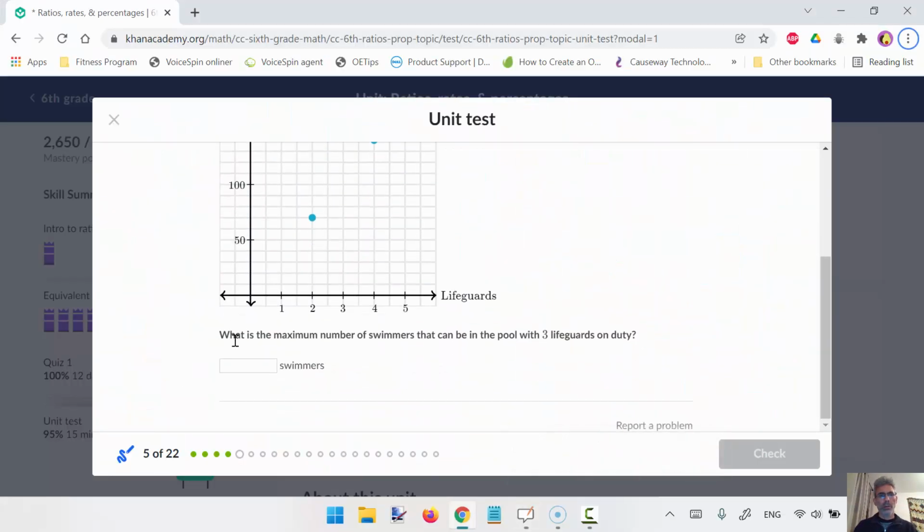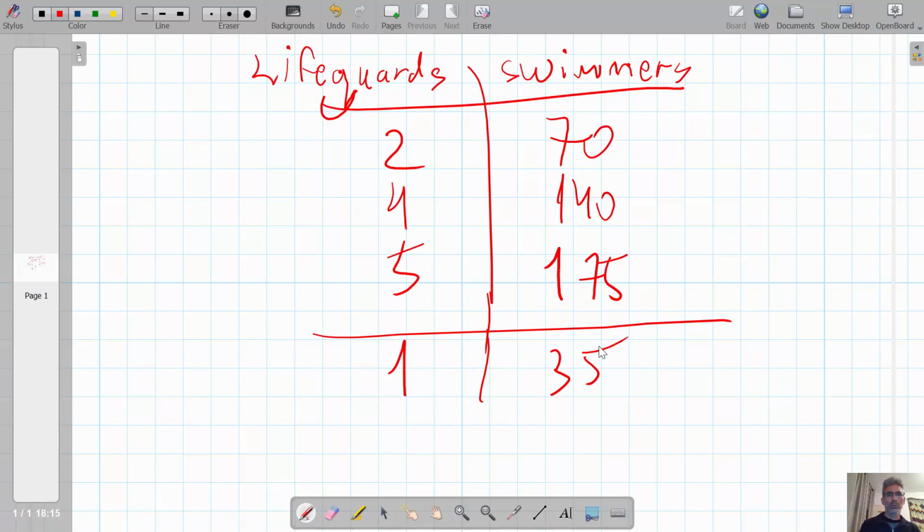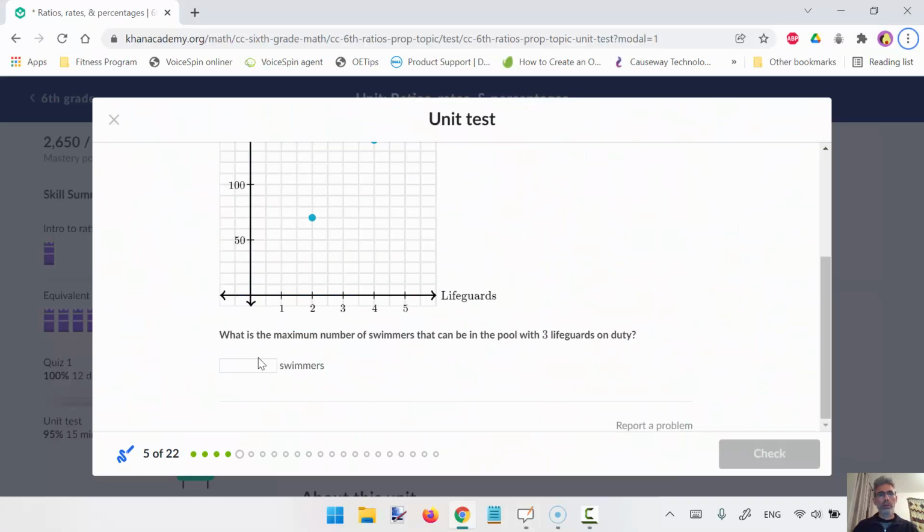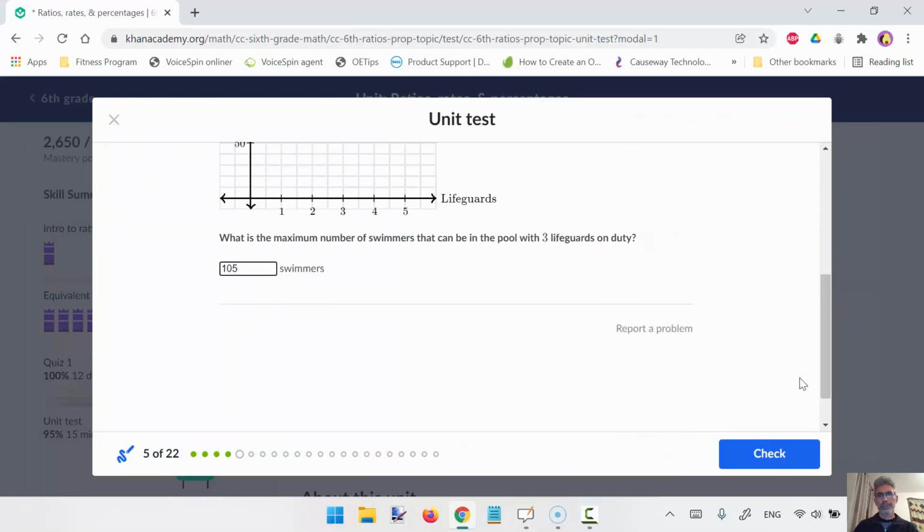Okay. What is the maximum number of swimmers that can be in the pool with 3 lifeguards on duty? So the ratio of lifeguards to swimmers is 1 to 35. So with 3 lifeguards, 105, because we multiply by 3. We go from 1 to 3 lifeguards, and from 35 swimmers we go to 105.